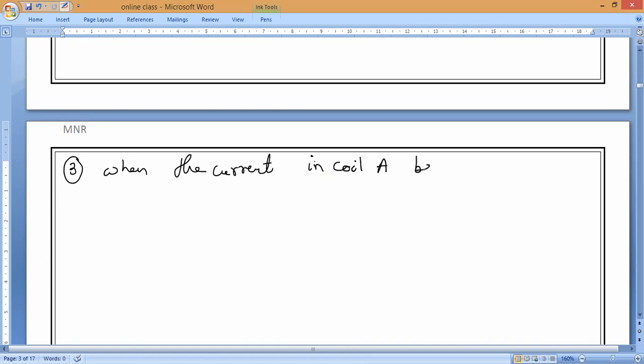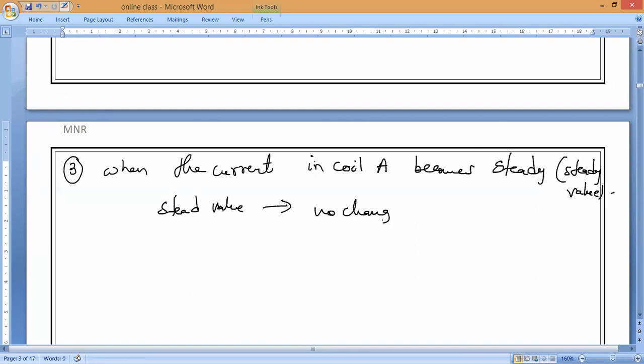coil A becomes steady, as we know, while it is increasing the magnetic field also increases. Now it becomes steady. Is there any change in the magnetic field? Please respond. Once it reaches the maximum steady value, what is happening? No change in magnetic flux. Yes or no? No change in magnetic field.